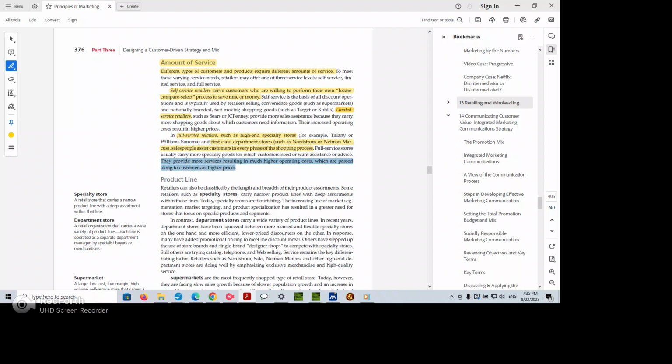They provide more services, resulting in higher operating costs, which are passed on to customers at higher prices. So, for your higher priced items or specialty items, it's going to require more assistance from staff in purchasing decisions.